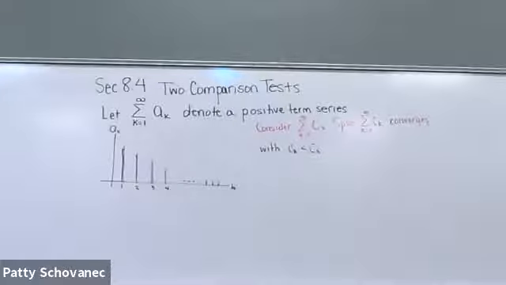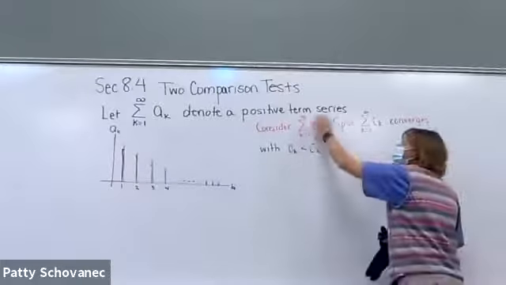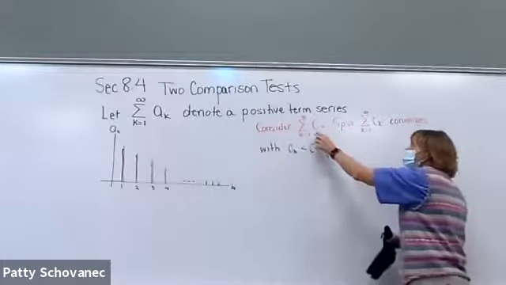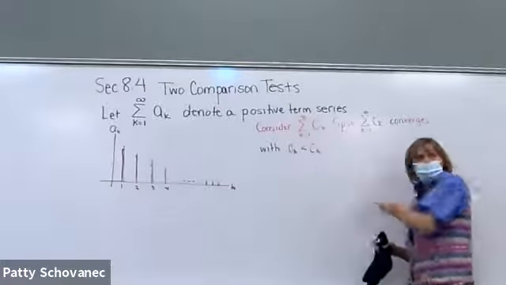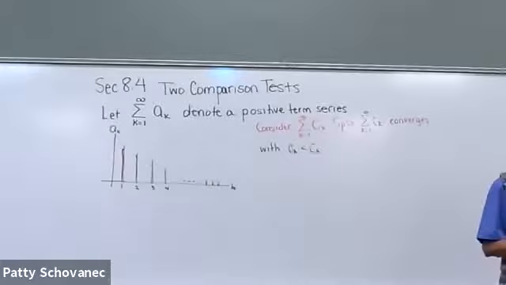So the sum of those red sticks right there, if I were to pile them up one on top of the other, would be finite. You see how that means the sum of the little black sticks would have to be finite as well? If this is a bigger term than that, and my bigger terms add to something finite, then my smaller terms have to add to something finite.